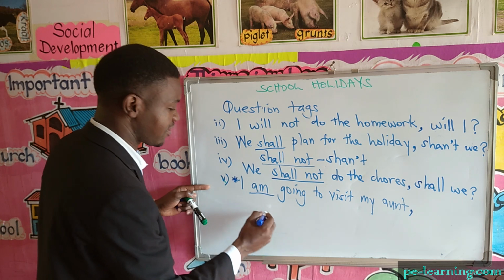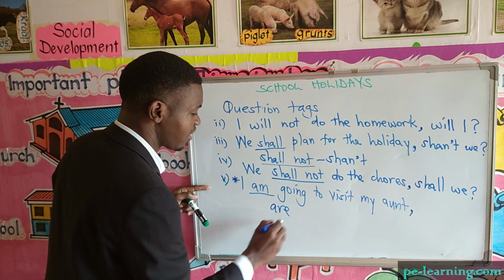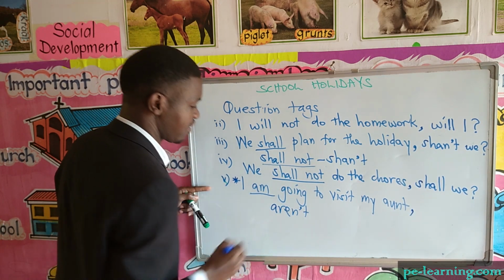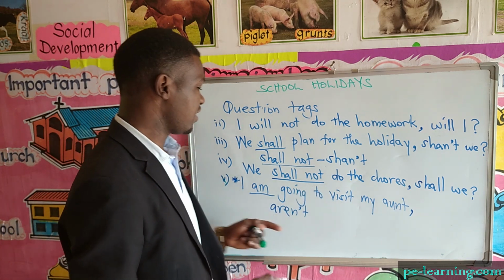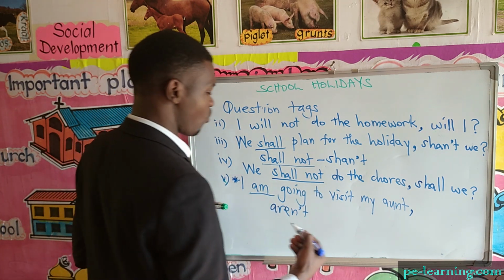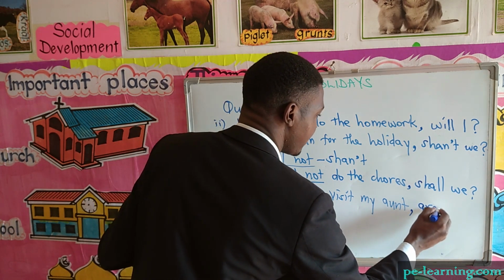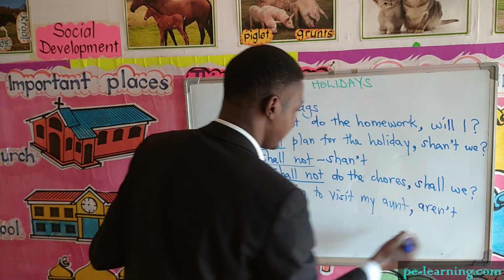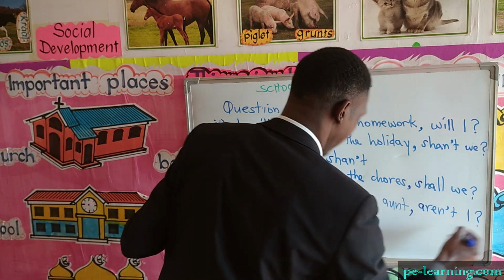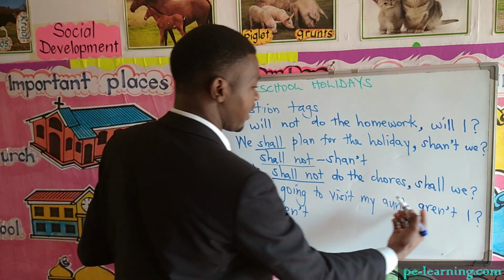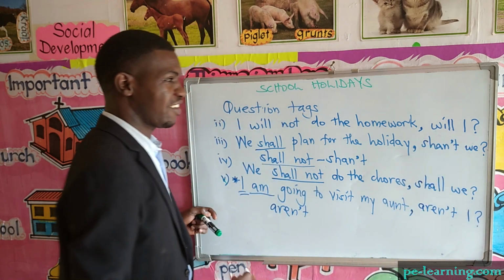Instead, we use the word aren't. So the negative will be aren't, and then our pronoun, which is I. I'm going to visit my auntie, aren't I?